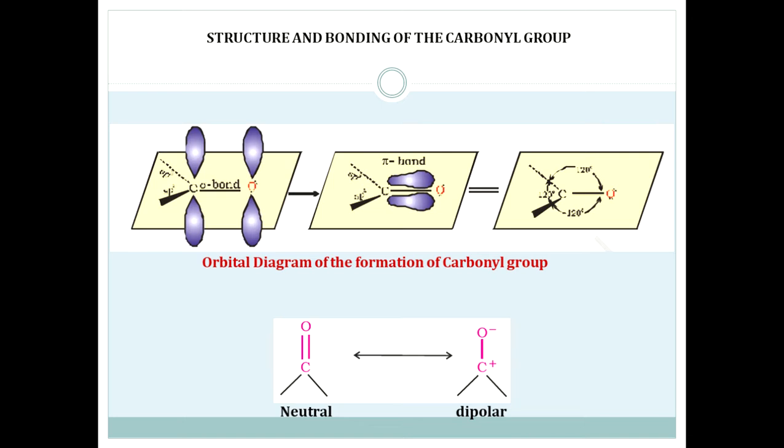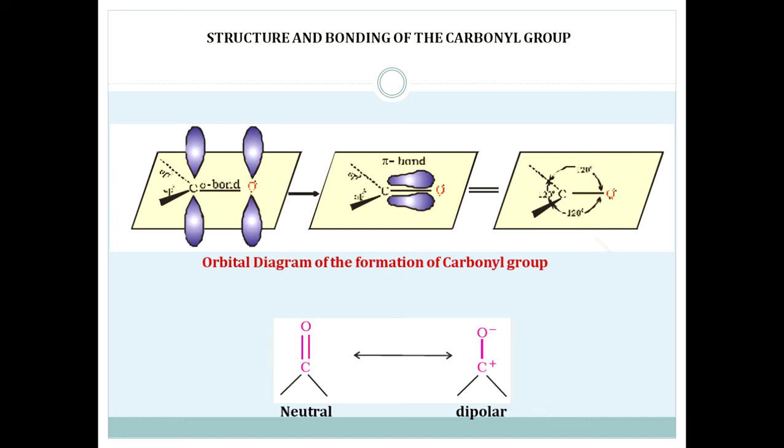Hence, the carbonyl carbon is an electrophilic center, that is a Lewis acid, and the carbonyl oxygen is a nucleophilic center, that is a Lewis base. The structure of the carbonyl compounds accounts for their high dipole moment.